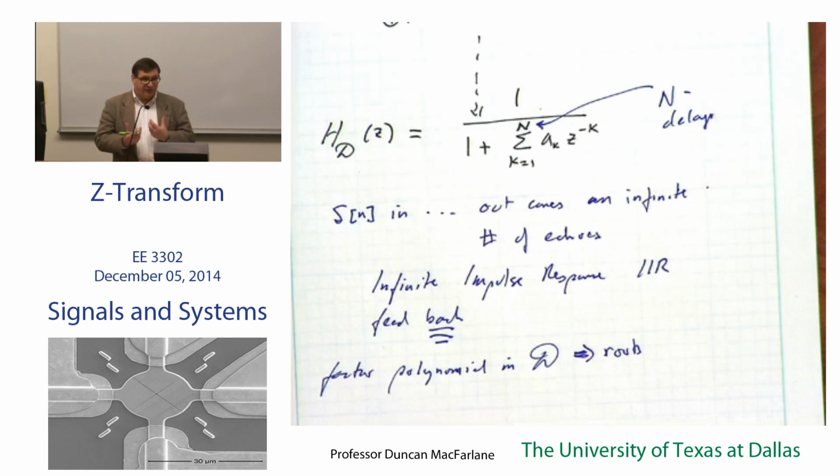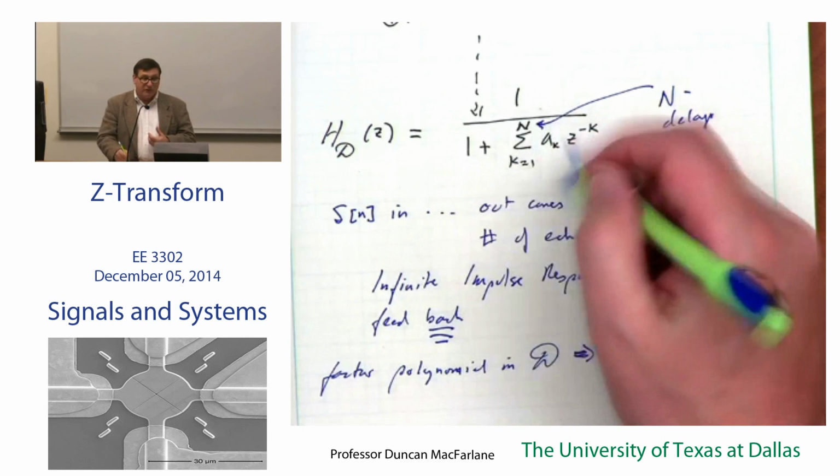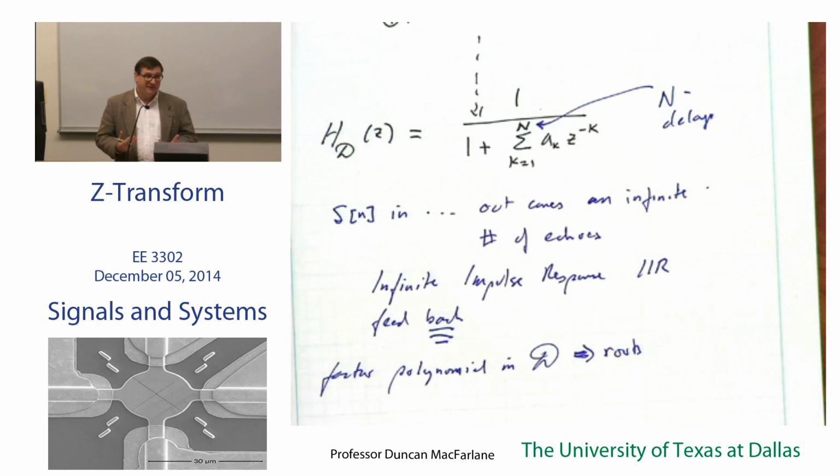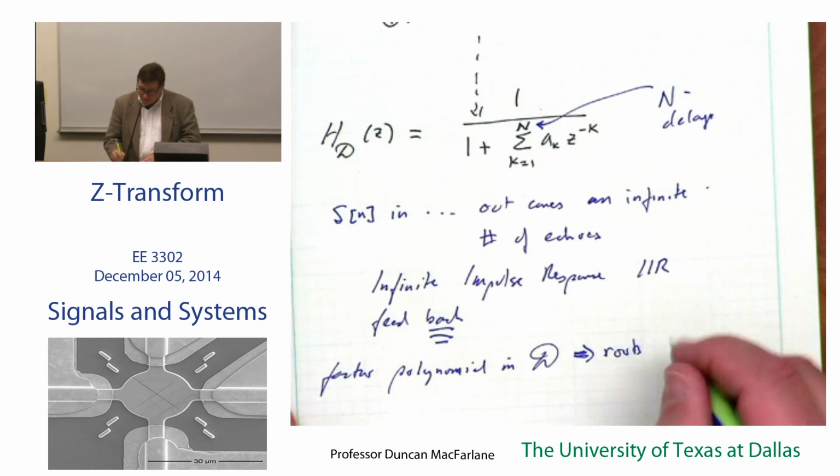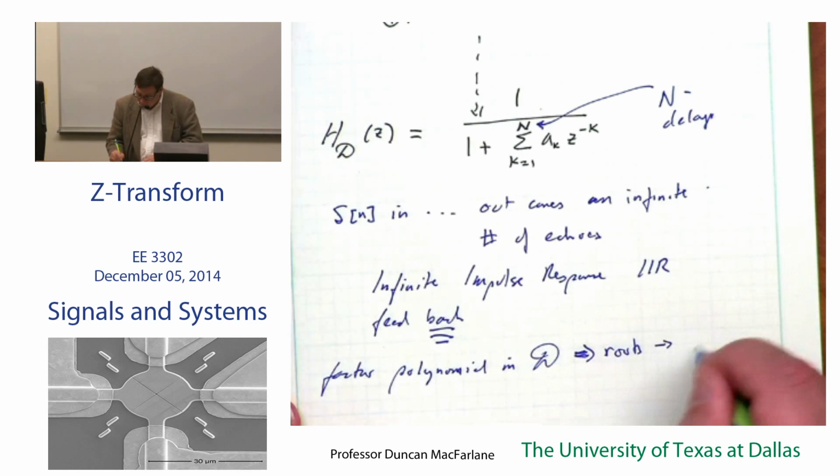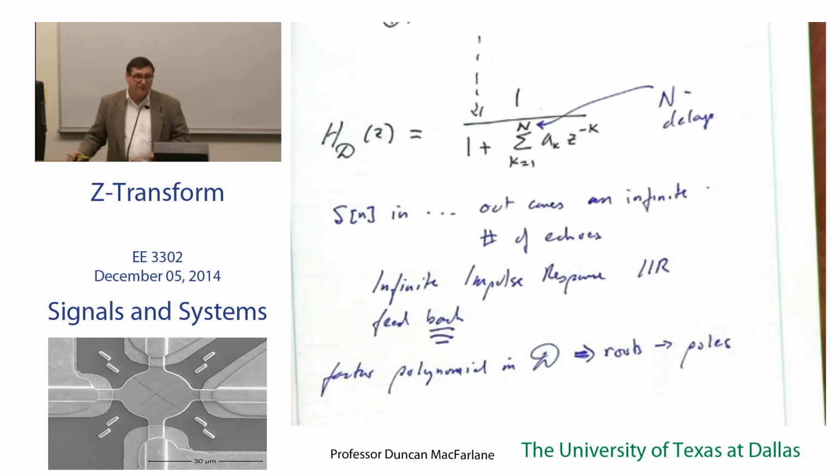If I happen to be z exactly equal to that root, then I'm going to have a 1 over 0 in my denominator, and that's going to be infinite. And so we call those elements poles. Okay? I think I've used those terms before, and now I'm being a little bit more specific about exactly what they mean and what they are, and you can imagine yourselves calculating these. Okay, good.